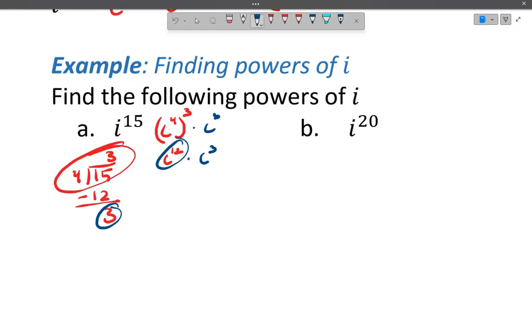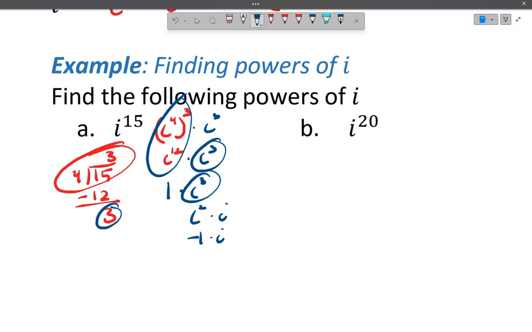Well, again, any multiple of 4 is just going to equal 1. So this whole thing is going to equal 1. I just need to now focus on this i to the third power. So I've got 1 times i to the third. Now we think again how we broke this apart. i to the third was i squared times i, which is -1 times i, which is just -i. So i to the 15th falls in that same pattern of equaling -i.